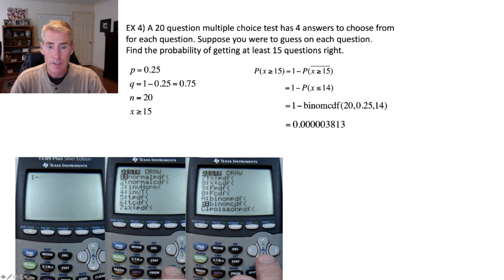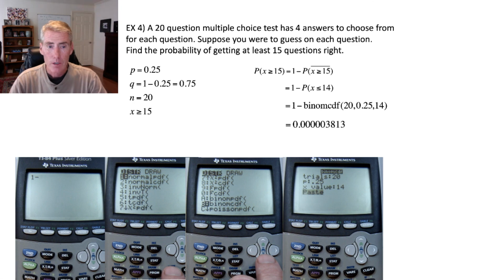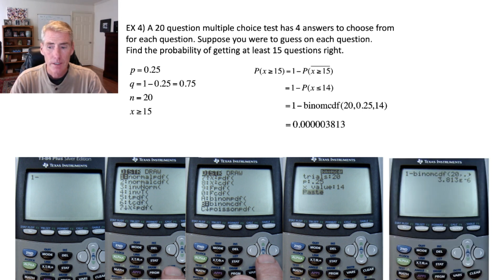So binomial CDF, you tell it the n is 20, the p is 0.25, and we've now changed this to be a 14, so make sure you put a 14 right there. When you put paste, it will then put it on the screen and hit enter.